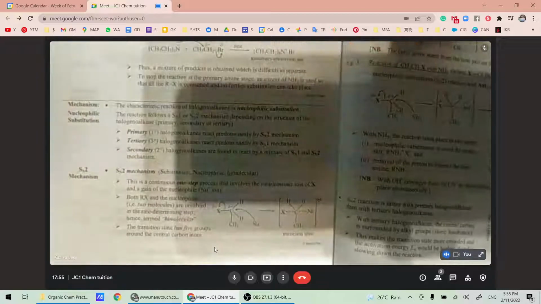By using excess ammonia, all your RX has been consumed and converted, so you won't have further substitution occurring. So to maximize your yield of primary amine, you should use excess ammonia, or you can think of it the other way and say use limited bromoalkane or halogenated alkane.